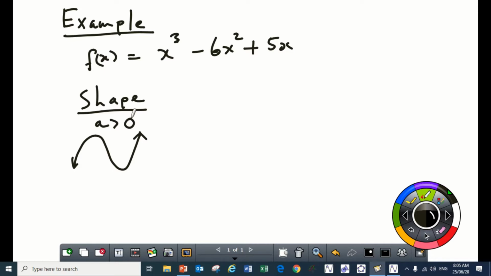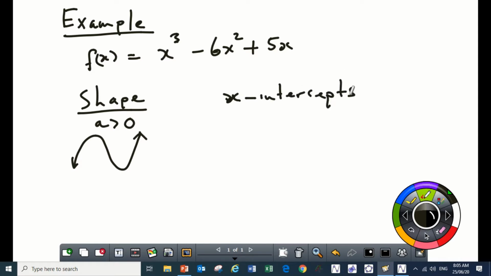All right, then let's find the x-intercept. Remember, you have to equate f(x) to 0. As always, like in the previous grade, you just equate f(x) to 0.